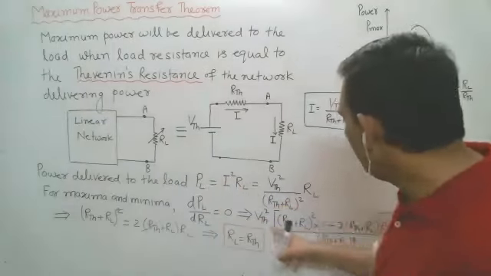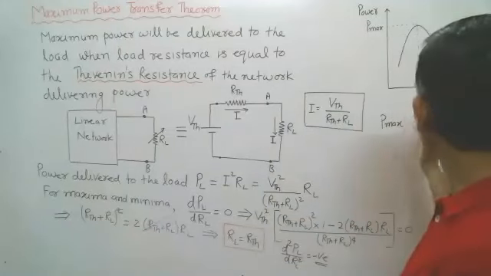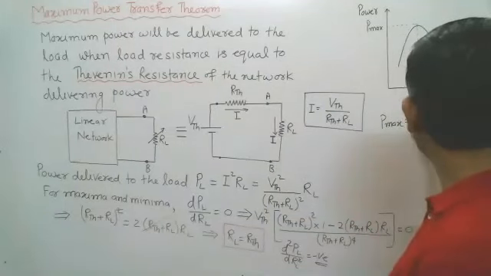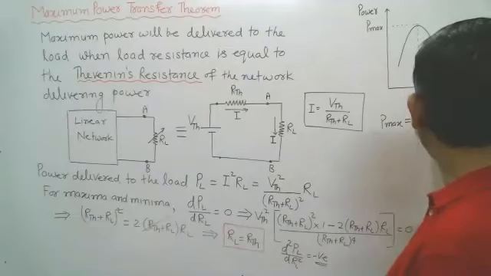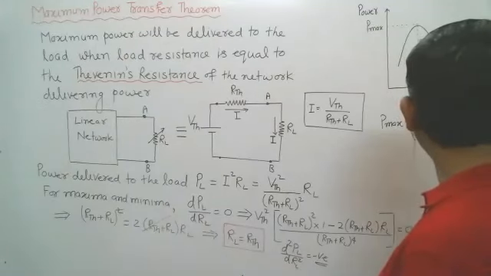In this relation, you have to put RL equal to RTH. So you will get VTH square by (RTH plus RTH) whole square into RTH.